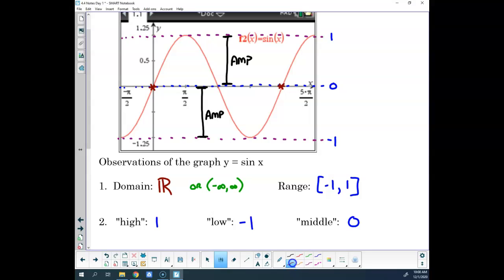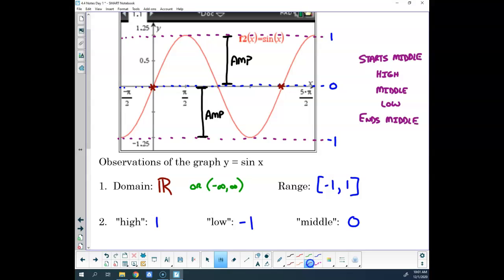Now, if you'll notice, sine starts in the middle, then it goes to the high point, back to the middle, then down to the low point, and it ends in the middle.